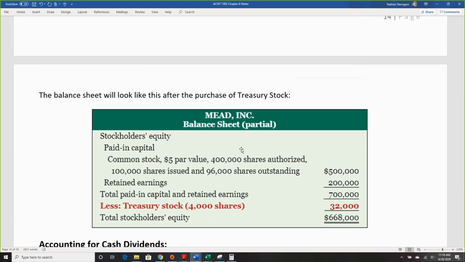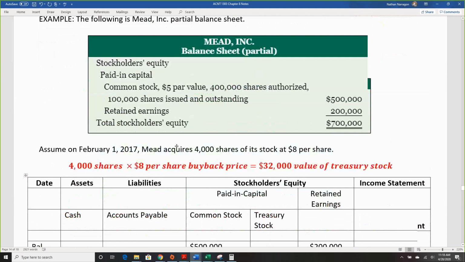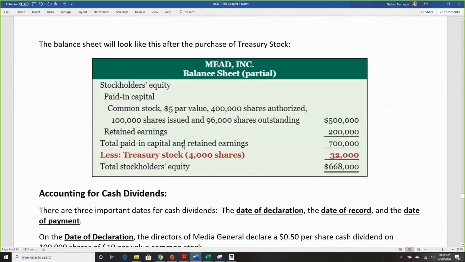Alright. So, our balance sheet's going to look pretty much like this. After treasury stock, again, it's going to reduce stockholders' equity. So here's everything before. There's your balance sheet. And then all we do after total paid in capital and retained earnings is insert treasury stock.